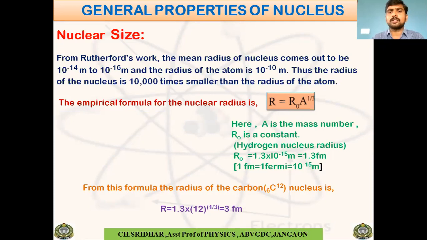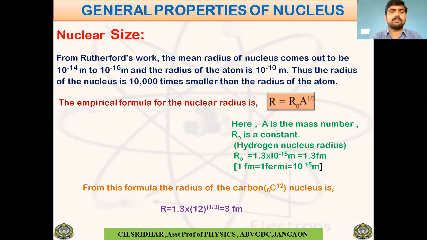And R naught is equal to 1.3 into 10 to the power of minus 15 meters, where 10 to the power of minus 15 meters is considered to be 1 Fermi. So R naught is equal to 1.3 Fermi. 1 Fermi is equal to 10 to the power of minus 15 meters.